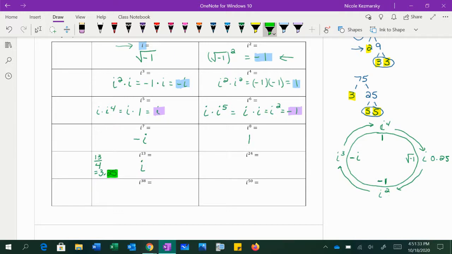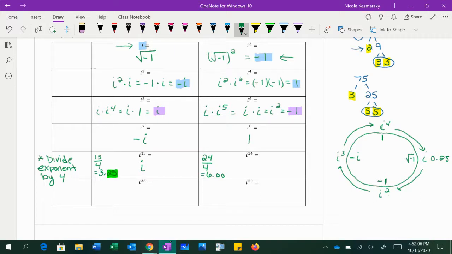For 24, we could count all the way around, or we could say 24 divided by 4. And we're always going to divide by 4 every single time. So I'll make a little note by this: divide exponent by 4. And 24 divided by 4 is 6, but the decimal is 0.00.